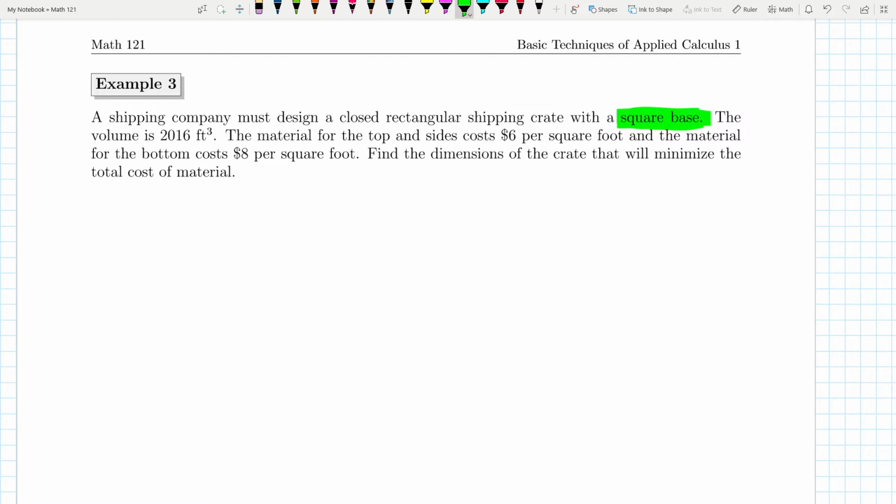Find the dimensions of the crate that will minimize the total cost. Well, we want to minimize the cost, but the cost will come from the surface area of the box.